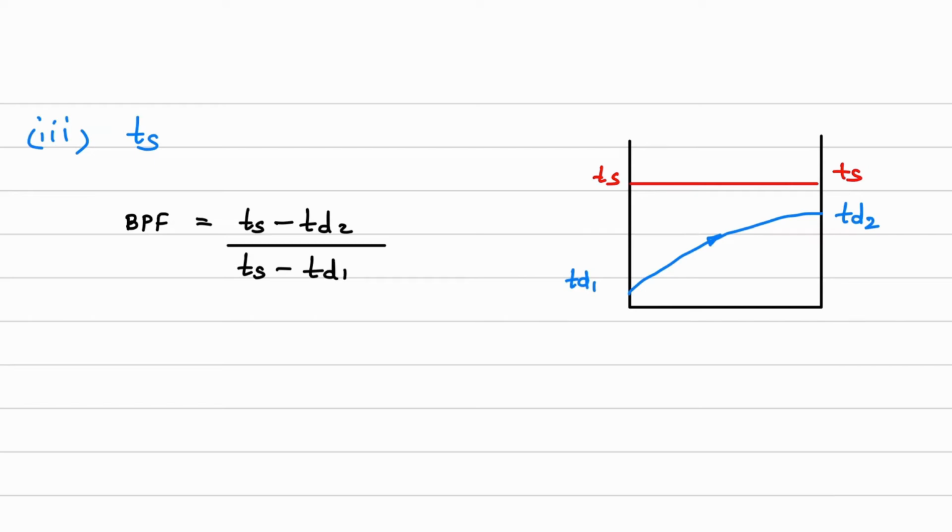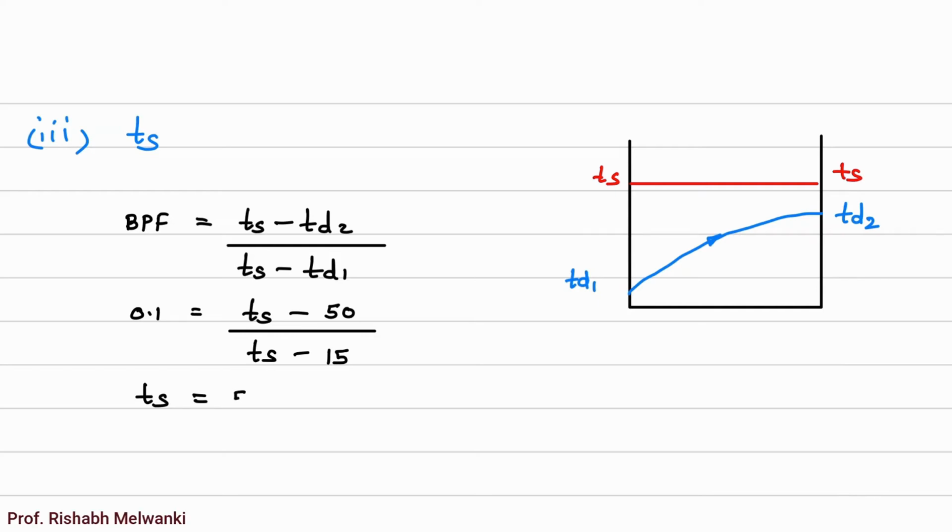Now the bypass factor is given in the question, 0.1, equal to surface temperature, which we have to calculate, minus TD2, which is 50 as given in the question, divided by surface temperature again, minus TD1, which is 15 degrees Celsius. So here the only unknown is TS, and we can calculate that surface temperature: it is 53.88 degrees Celsius.